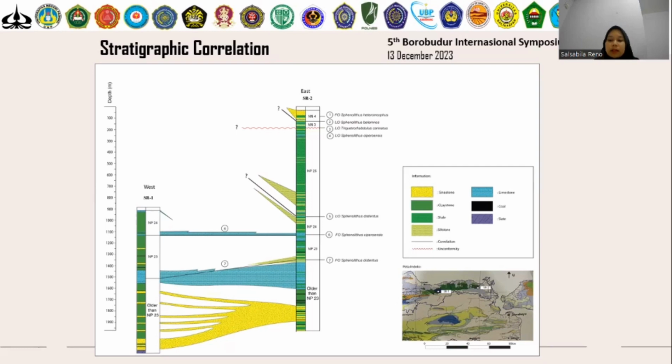And by looking at the changes in lithology, shown in terms of lithological type or grain size, as it gets younger there is a pattern of fining upwards, which is indicated by a transgressional process. And as you can see, at the age older than NP23, there is a hole present, which I interpreted as a terrestrial environment.